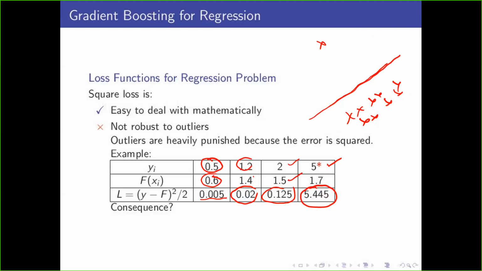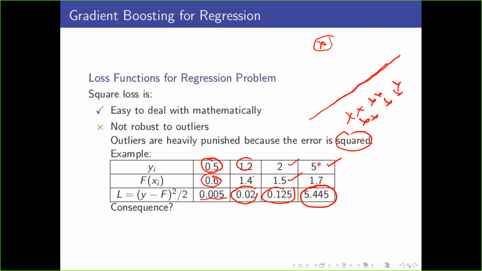If you try hard to incorporate this outlier point into the model, it will be biased towards the outlier point. As a consequence, the overall performance will be degraded. That is the problem with the squared loss function. Outliers are heavily punished because the error is squared every time.